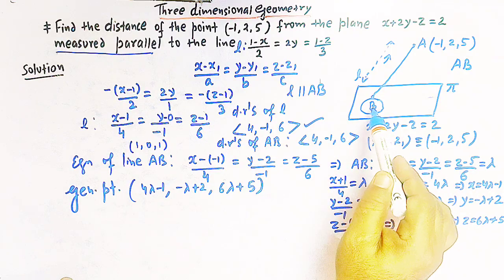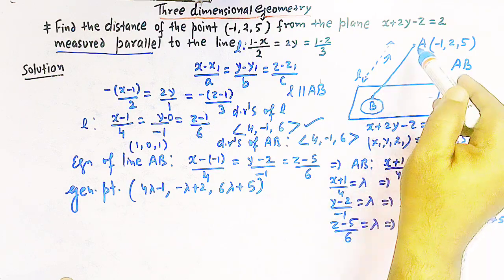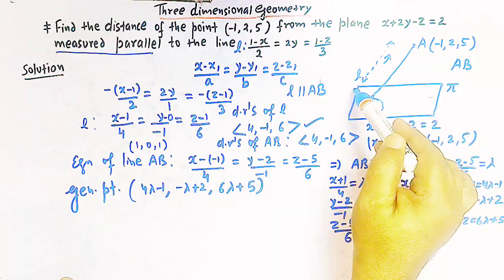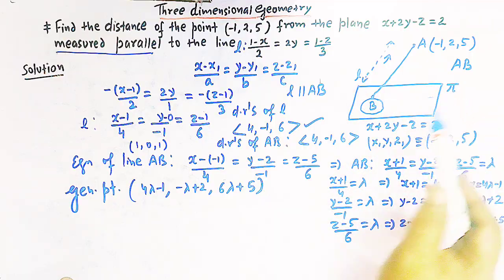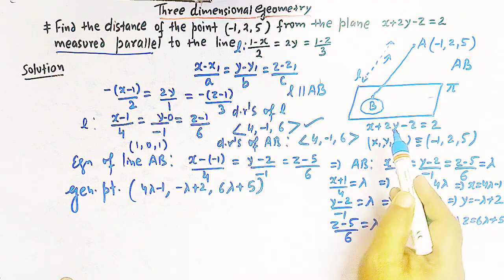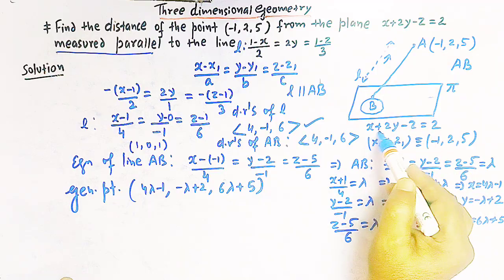And now we know that this point B lies on this line AB and this plane pi. So this coordinate must satisfy the equation of this plane.